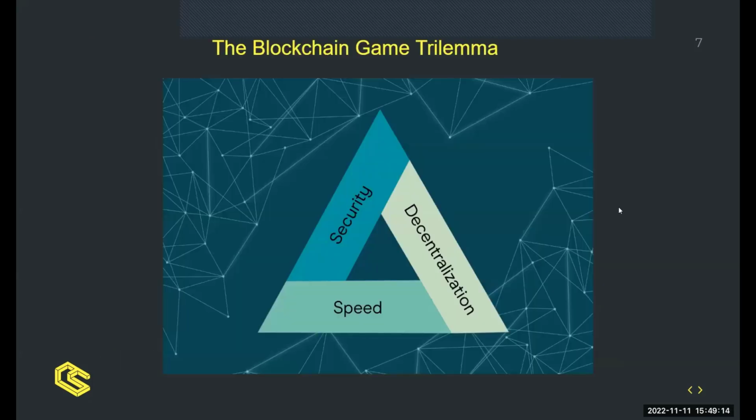So there is something called the blockchain trilemma. Vitalik Buterin brought this up, where blockchains can have two, but they can't have all three. And the reason we have these layer twos currently is because of this particular problem.